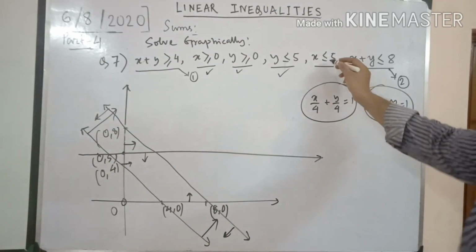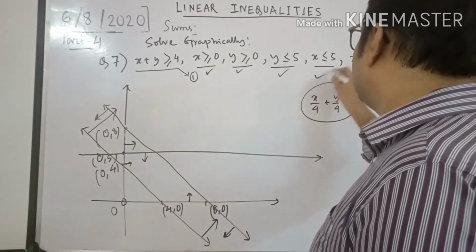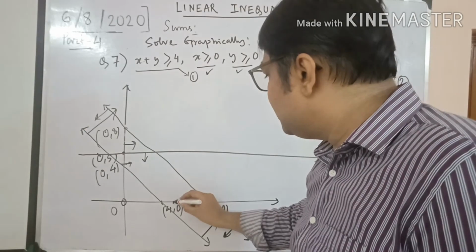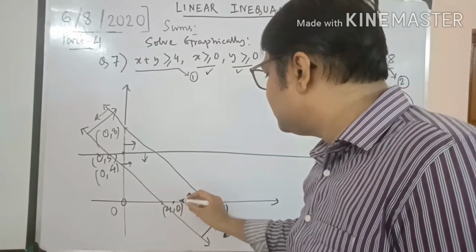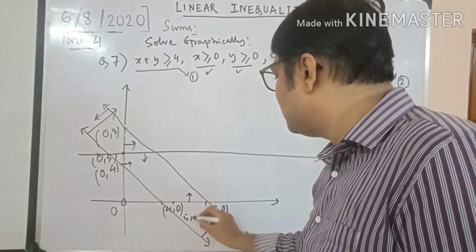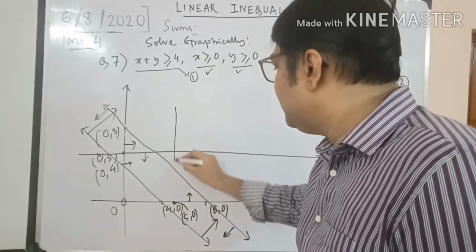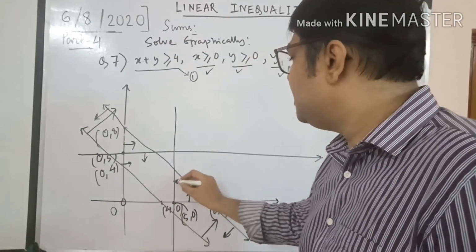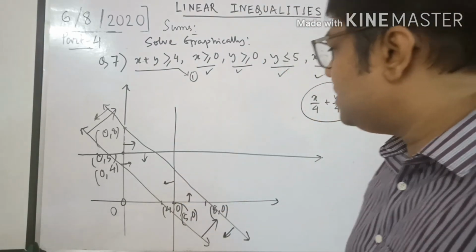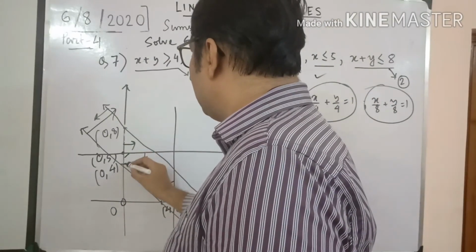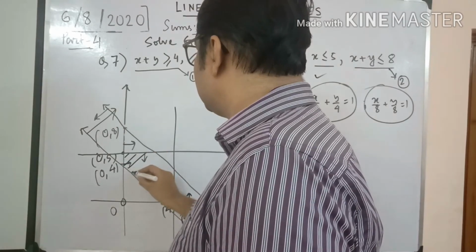Now x lesser than or equal to 5. Let us assume over here a point like say 5, 0. And we draw a line towards this. So eventually we got an area which is kind of this.